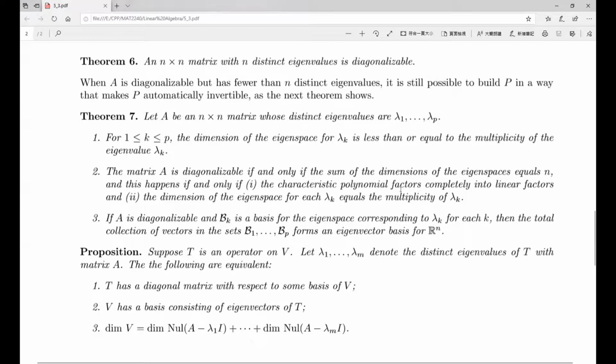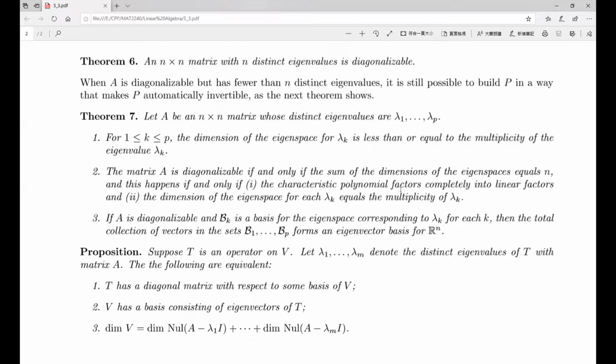Next we have some theorems to look over. Theorem 6: an n by n matrix with n distinct eigenvalues is diagonalizable. So if you have an n by n matrix and you found n distinct eigenvalues, then it's automatically diagonalizable. Now let's look a little below theorem 6.